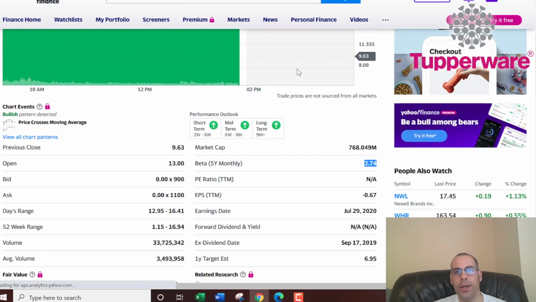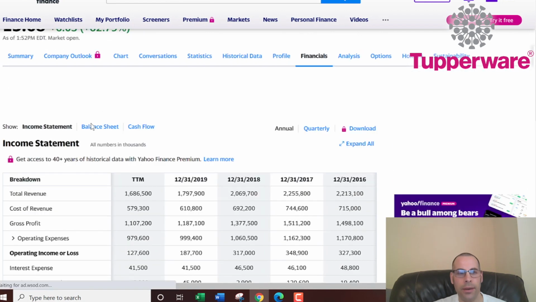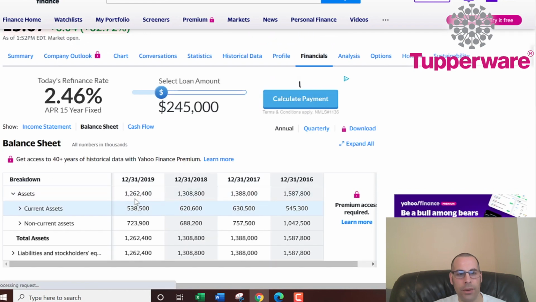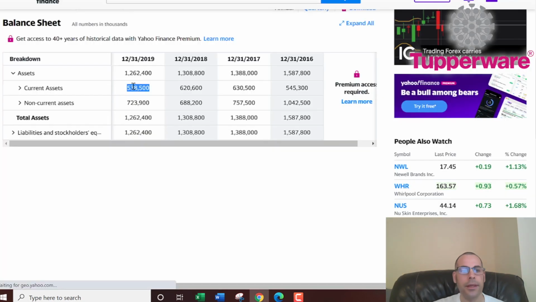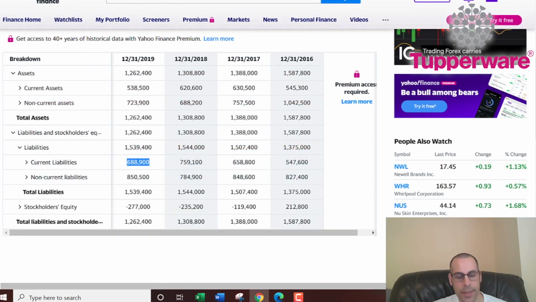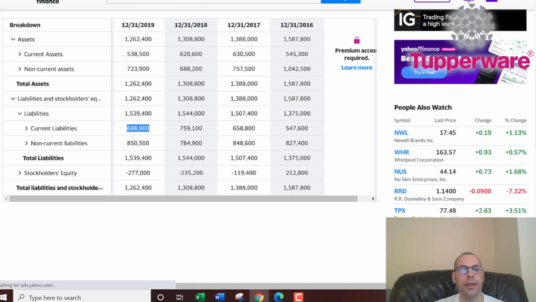Let's go back to the balance sheet to get their current assets, because we need to calculate the current ratio later. Current assets are mainly cash, accounts receivable, and inventory, and that's $538 million. Current liabilities is also part of the current ratio. These are debts and payables due within 12 months. That's $689 million.